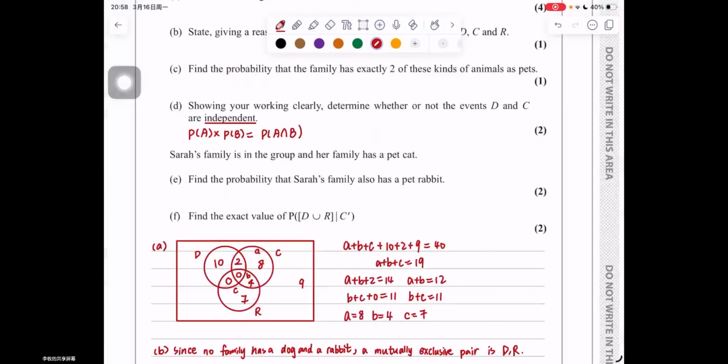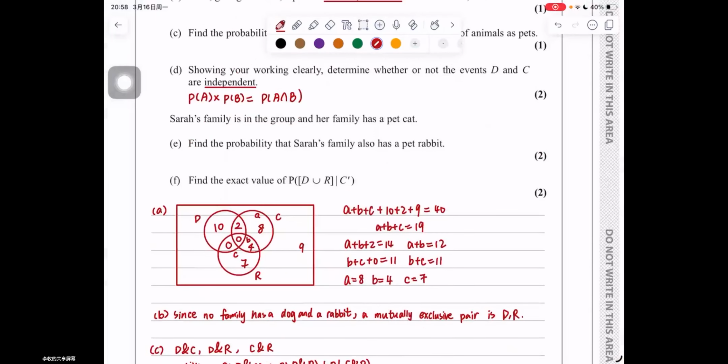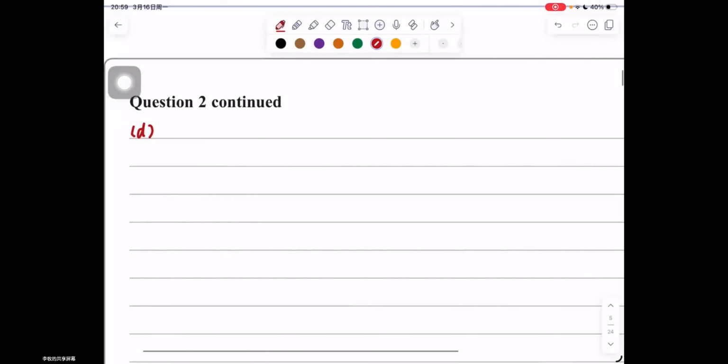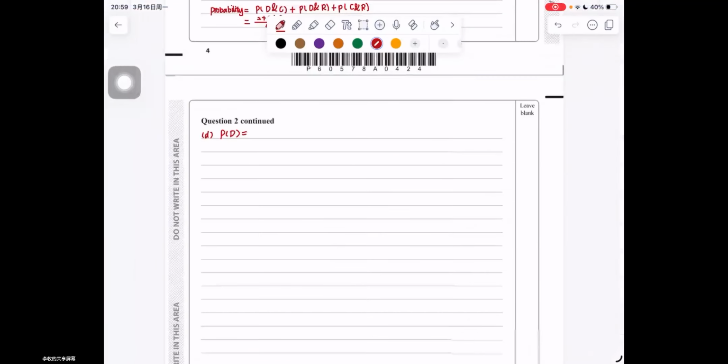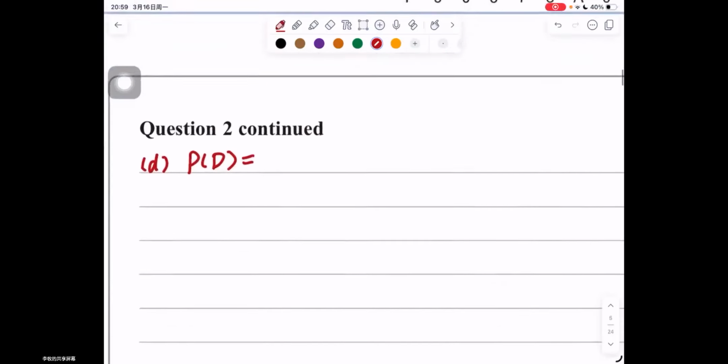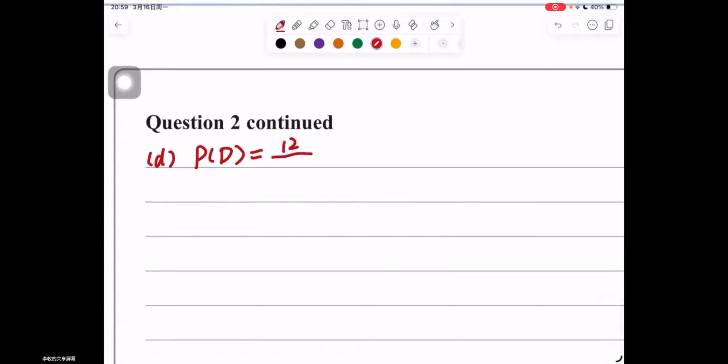So now we go back to this question. We're going to figure out 3 probabilities, P(D), P(C), and P(D and C). All right. So the probability of D is equal to, the number in D is 12/40. Probability of C is 14/40.